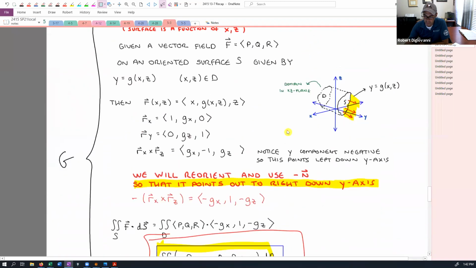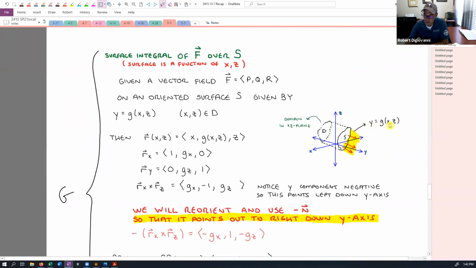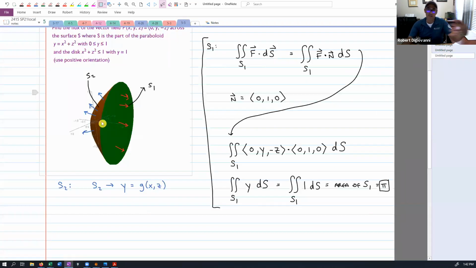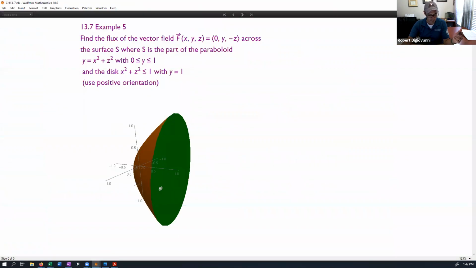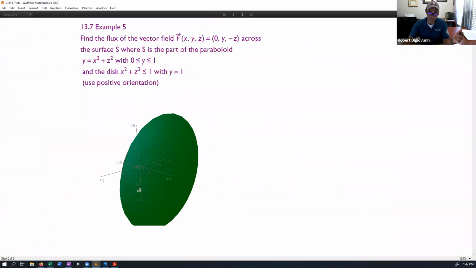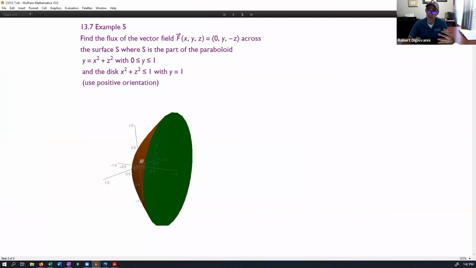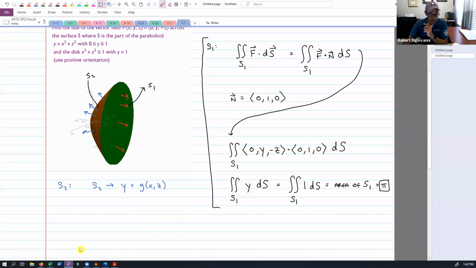It looks like our y value is some function of x and z because our surface is kind of like sideways, right? I have to look at it from this perspective. If you took the green out of here, do y'all see the paraboloid would just be a surface where y is a function of x and z? But are my normal vectors pointed down the positive way of y? They're not. They're pointed the other direction in y.